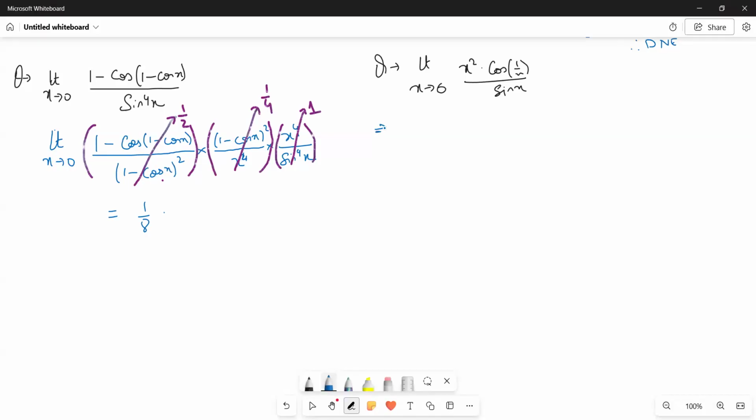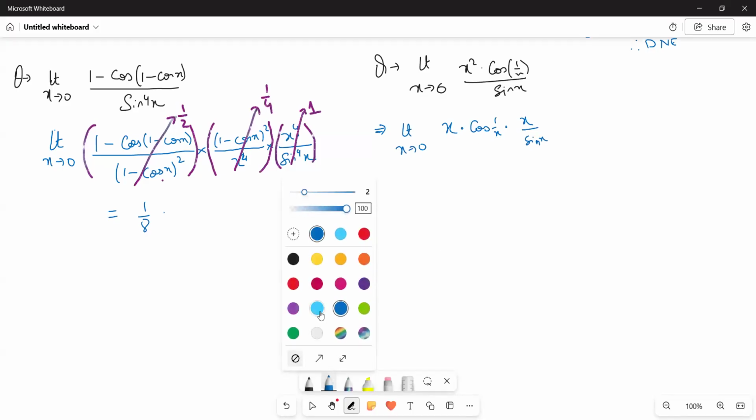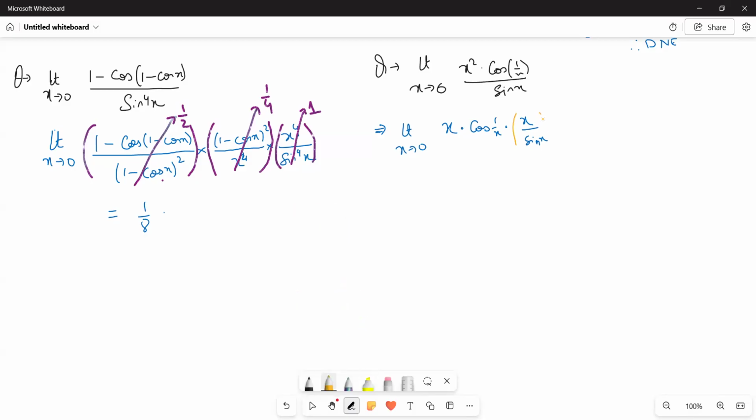For this, we just slightly rearrange the terms in this way. Limit x tending to 0, x into cos of 1 by x into x by sin x. Now if you try to solve for the limit, what would be x by sin x, x tending to 0? 1. This is tending to 1.